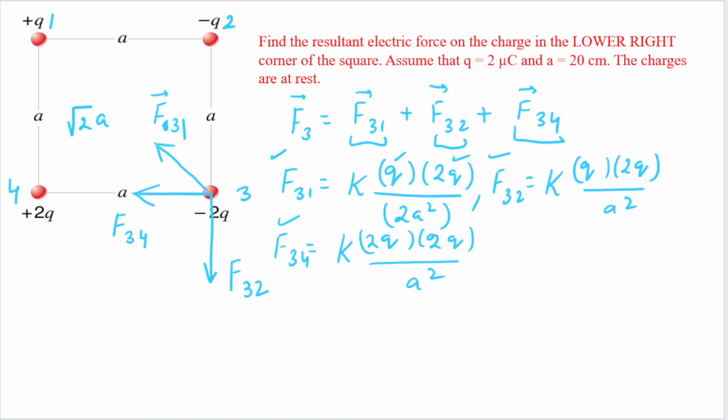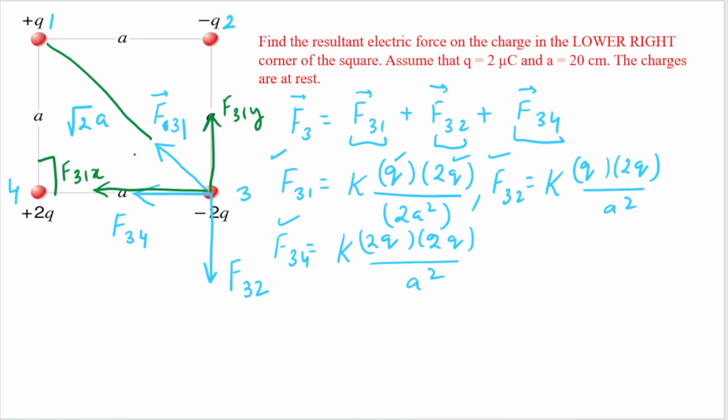We will start with F31. Notice F31 needs to be resolved into X and Y components. So let's write the X and Y components. This is the X component F31X and this is the Y component F31Y. But what is F31X and F31Y? It is very easy. Complete the right angle triangle here.